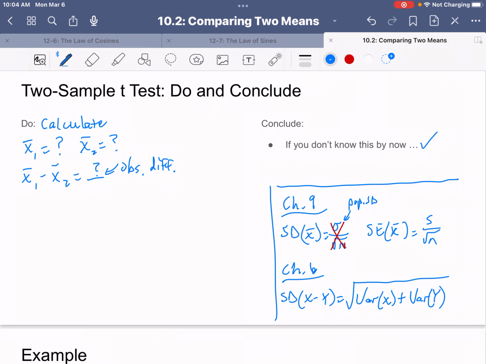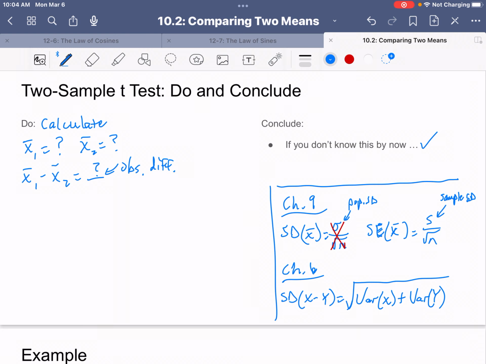But what we did learn is that we can instead calculate the standard error of x bar as s over the square root of n, and that would be the sample standard deviation divided by the square root of the sample size. Now, the standard deviation of x minus y from Chapter 6 was equal to the square root of the variance of x plus the variance of y.